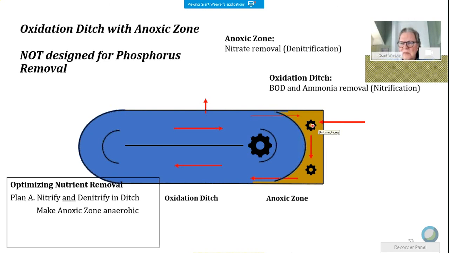If that doesn't do it, you start turning mixers off. Like I said before, run one one day and the other the next day. And if that doesn't do it, turn them both off, except periodically to resuspend materials. This then will become sufficiently anaerobic. You can create the volatile fatty acids, and the bacteria that are in the return sludge coming in here will feed on those volatile fatty acids, and you should be able to get phosphorus removal.